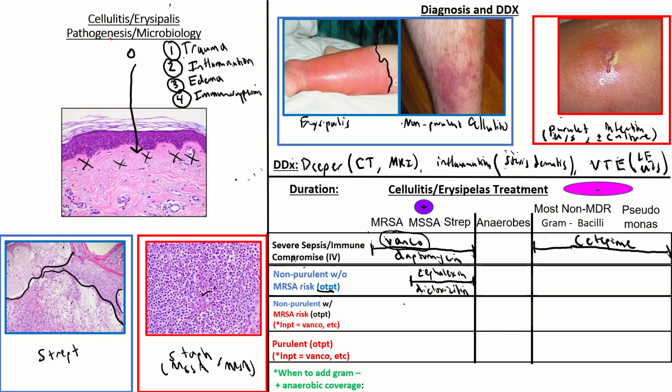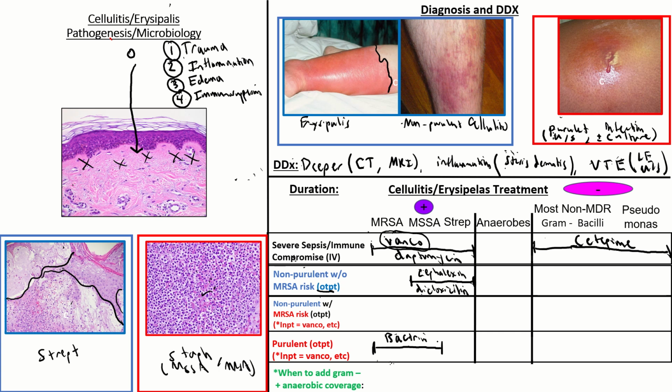Now let's go through purulent. I think that is probably the antithesis of non-purulent, so we'll go through that one. For purulent infections, you are required to treat MRSA. You are also required to treat MSSA as well. So your typical go-to, at least from our hospital, because clindamycin doesn't work, is going to be Bactrim.